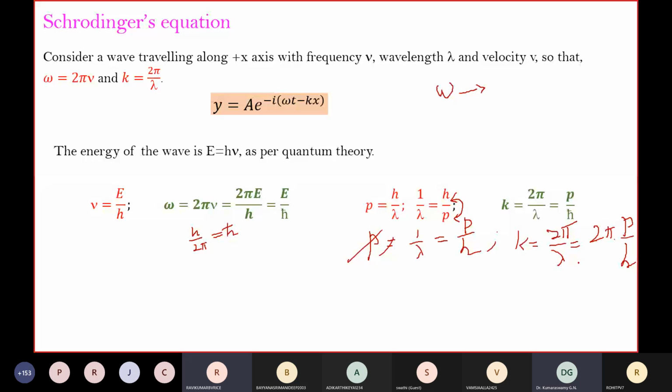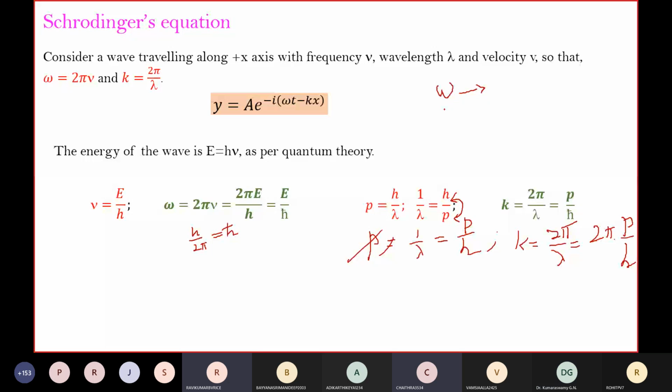Now, listen here carefully. What is omega? Angular frequency. It is called angular frequency. It is a pure characteristic of a wave. Do you agree? Because we have omega equal to 2 pi nu, where nu is the frequency of the wave. So omega is a pure characteristic of a wave.